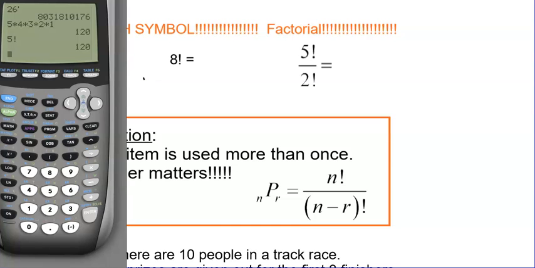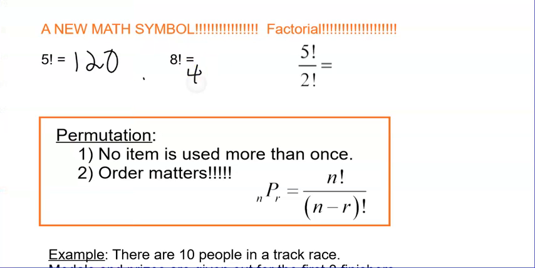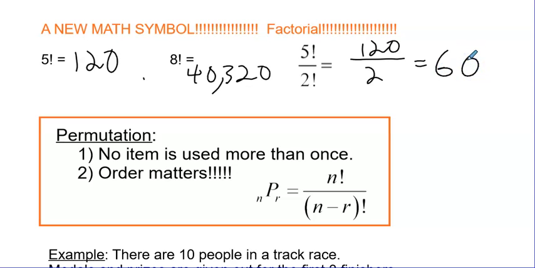So for the next one, 8, instead of typing 8 times 7 times 6, we just type 8, math key, PRB, 4, and we get 40,320. Now, 5 factorial, we just said is 120. 2 factorial is just 2 times 1. Boom, 60.